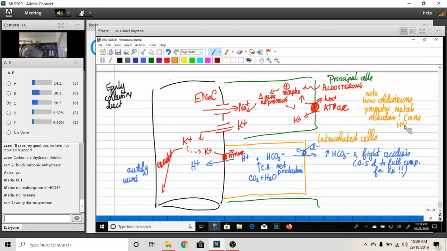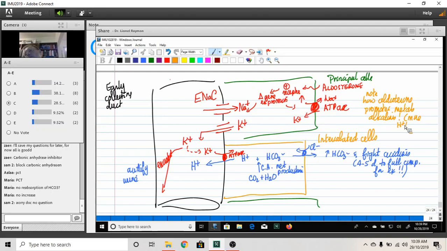And when you combine all these together, you're going to get ammonium chloride. That's called non-titratable acid. And that is the most important form of acid that we output.